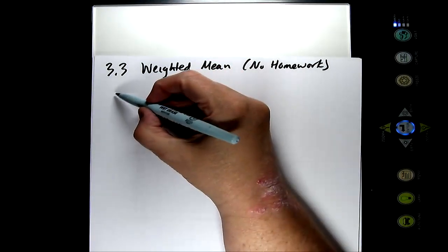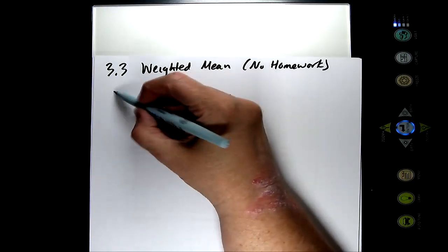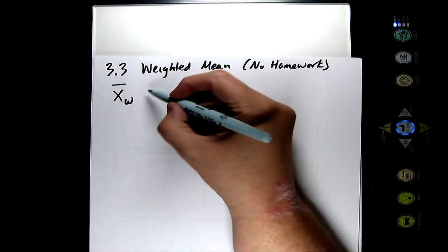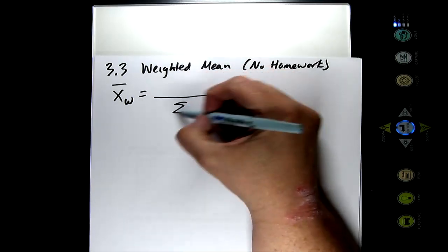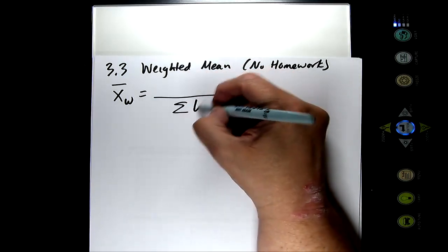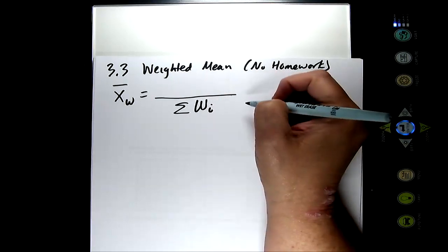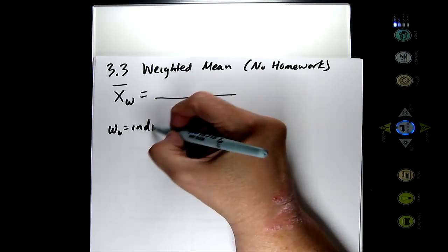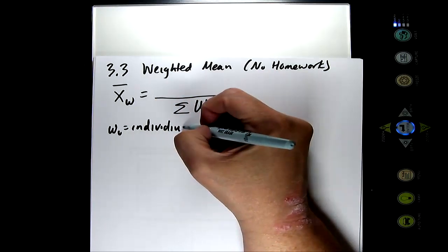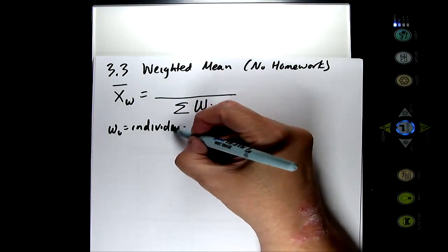The weighted mean goes by x bar with a W next to it. The way they calculate it is they add up all the weights on the bottom, so they use w_i, the individual weights.